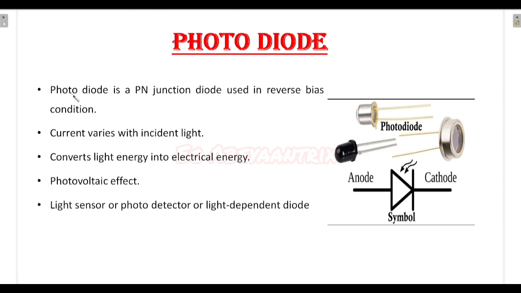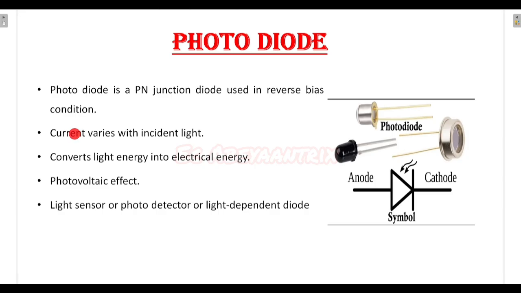The structure is similar to a PN junction diode, but the main difference is that light is incident on the PN junction so that it generates electron hole pairs, and as a result a photocurrent is generated. It is called photocurrent since that current is generated by means of photons.